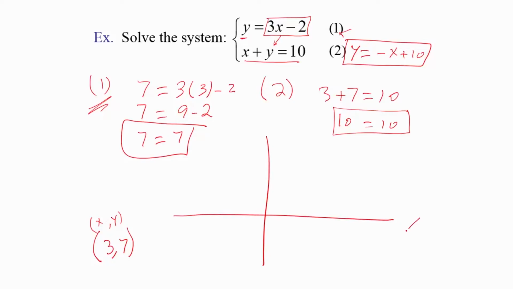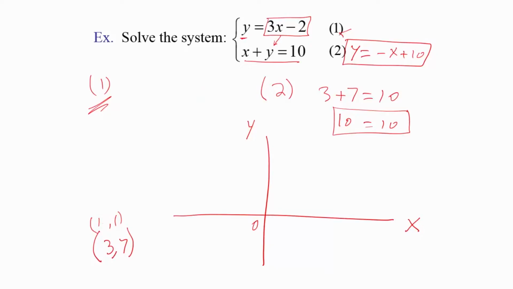So if I go ahead and graph this, x here, y here, here is 0. For the first equation, I'm going to give different values to x and figure out what y is.